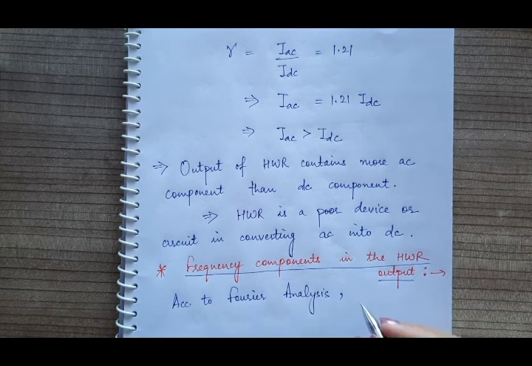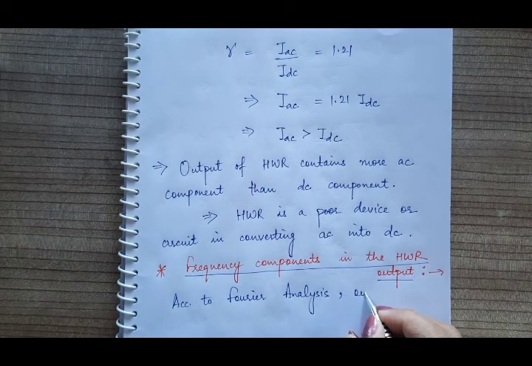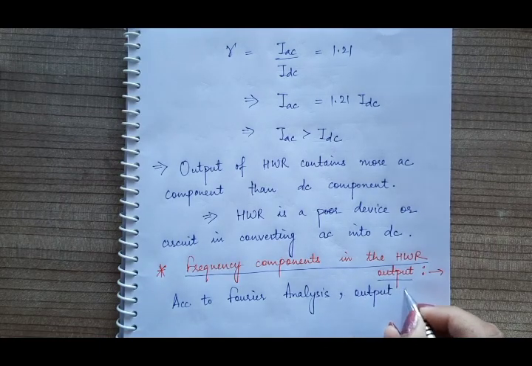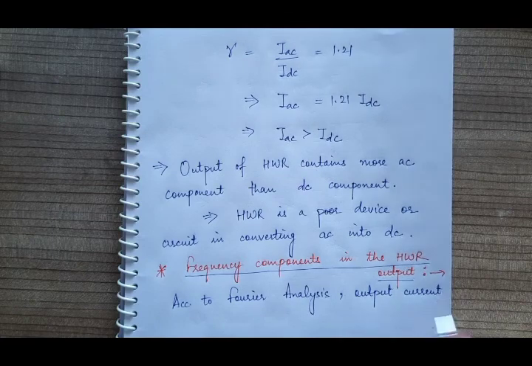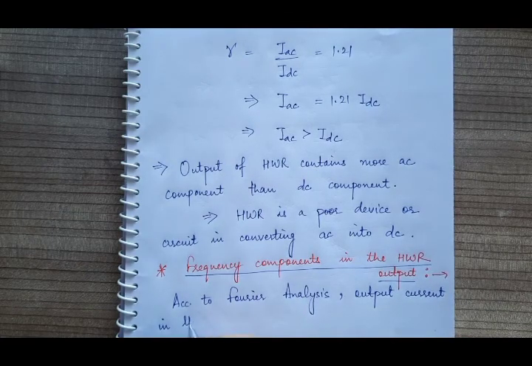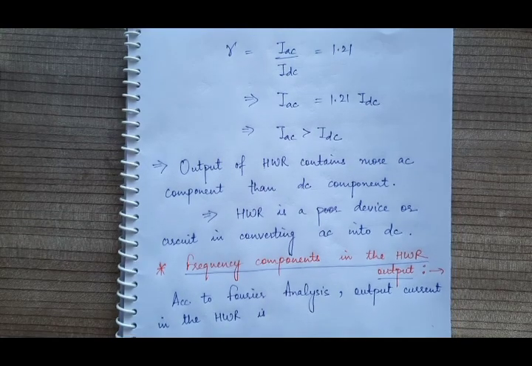So according to the Fourier analysis, the output current in the half wave rectifier must be equal to I naught by pi, but it actually contains more components, but those are AC components.